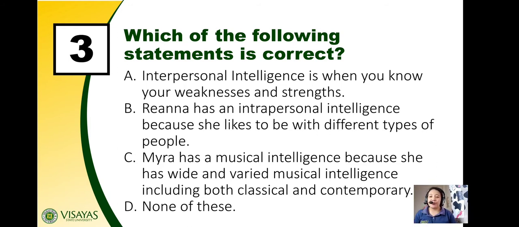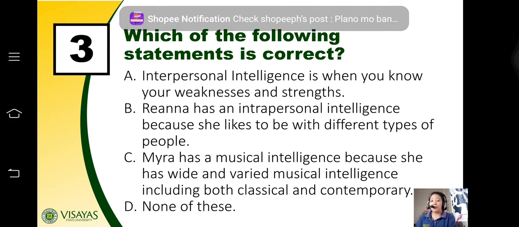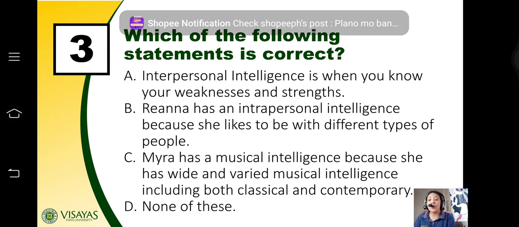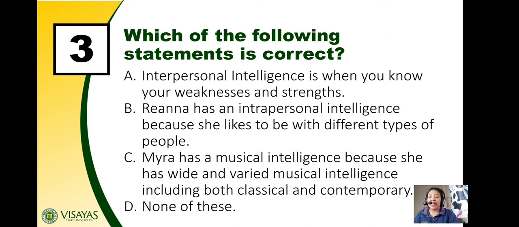So third question, which of the following statements is correct? So asan dito? A, interpersonal intelligence is when you know your weakness and strengths. B, Rihanna has an intrapersonal intelligence because she likes to be with different types of people.